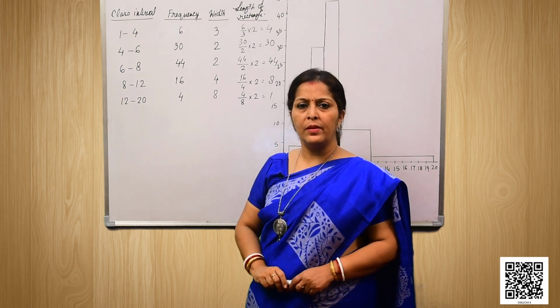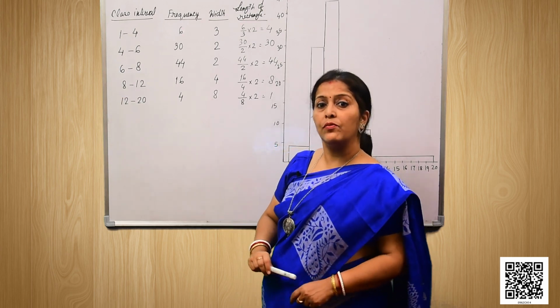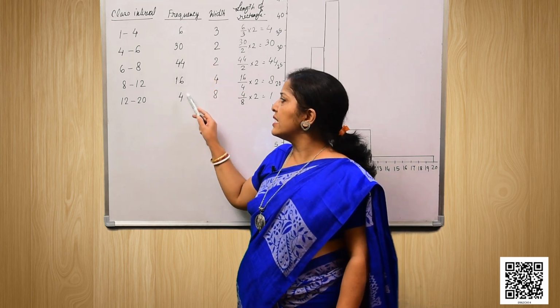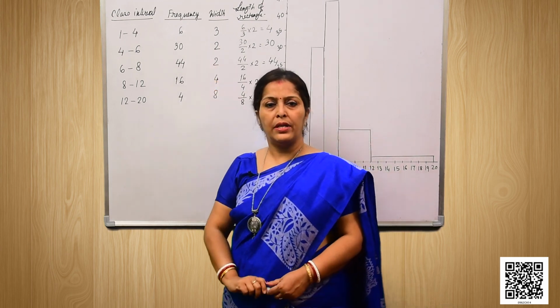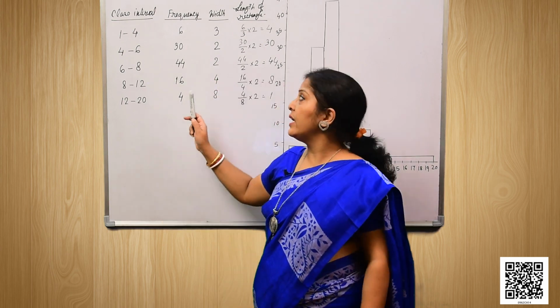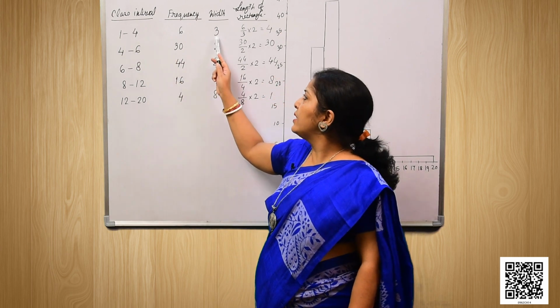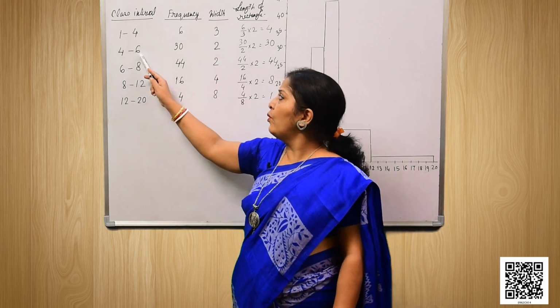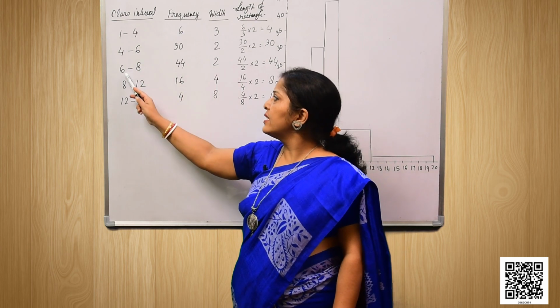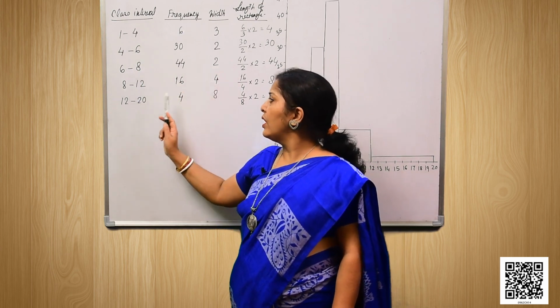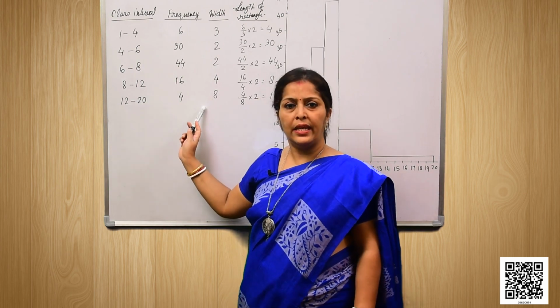And the number of surnames, which is the frequency, was also given to us as 6, 30, 44, 16 and 4. But here also the same thing, the width is not the same. In the first class 1 to 4 the width is 3, then 4 to 6 it is 2, 6 to 8 it is 2, 8 to 12 is 4 and 12 to 20 is 8.